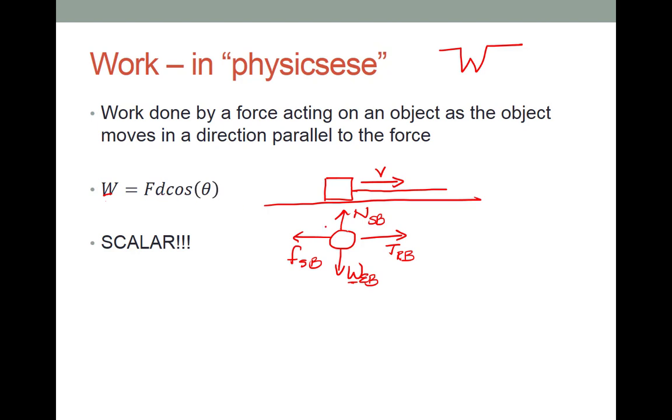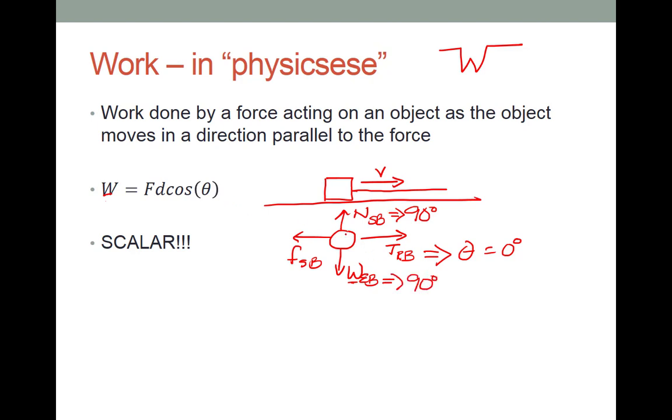If we look at the tension, the tension and velocity are parallel. So in this case, theta would be 0 degrees. Cosine of 0 is 1. For the normal and the weight, we would have a 90-degree angle, and cosine of 90 is 0.